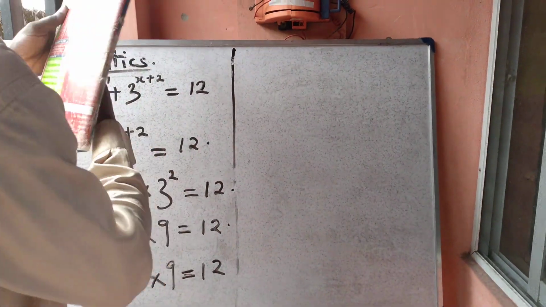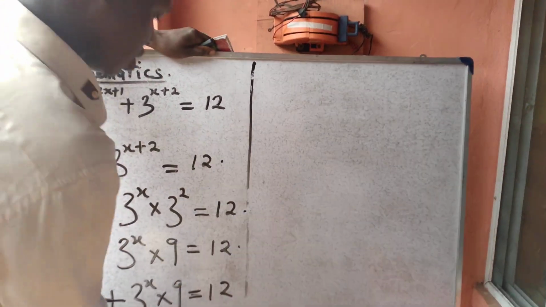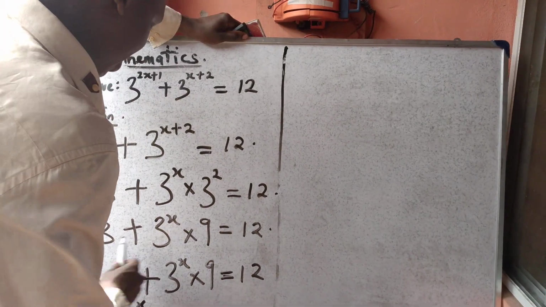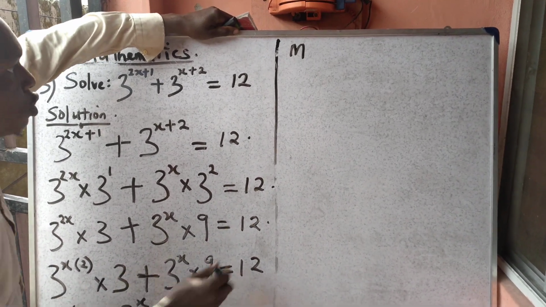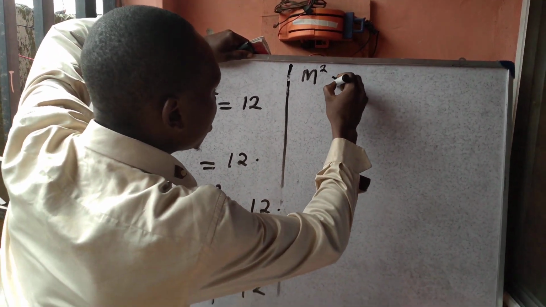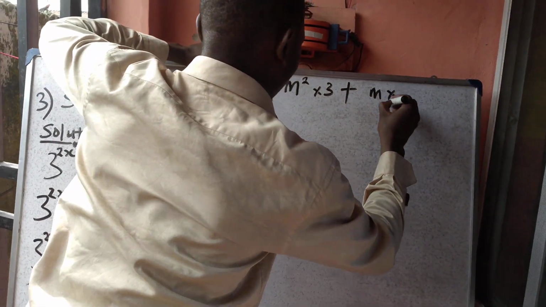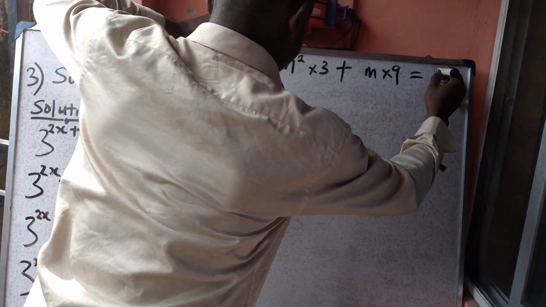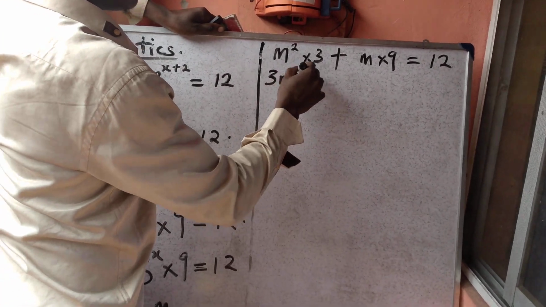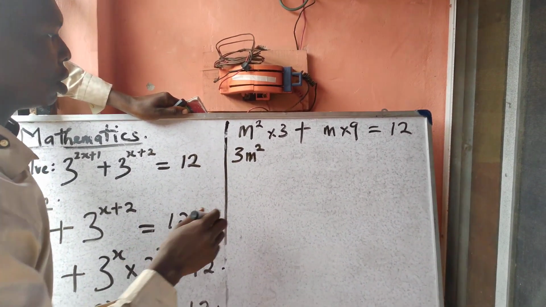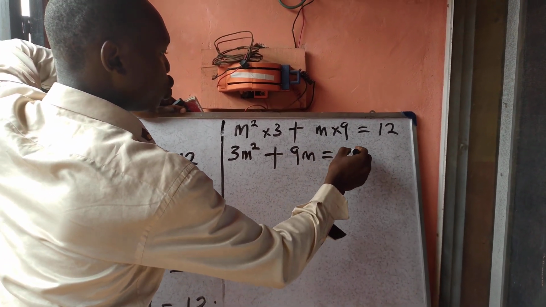So this now is 3 raised to power x, which is m, raised to power 2, times 3, plus, in place of 3 raised to power x, let's write m, that is m times 9, equals 12. So m raised to power 2 times 3 is 3m squared plus m times 9 is 9m, equal to 12.